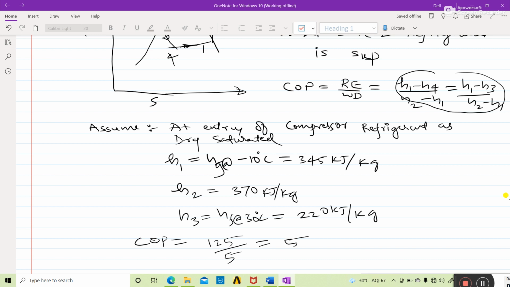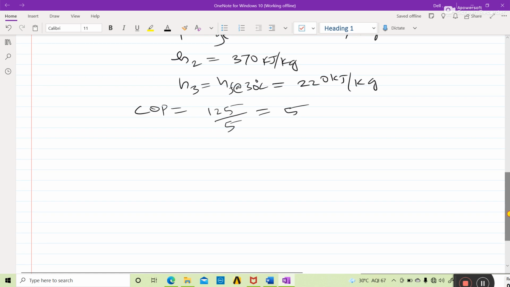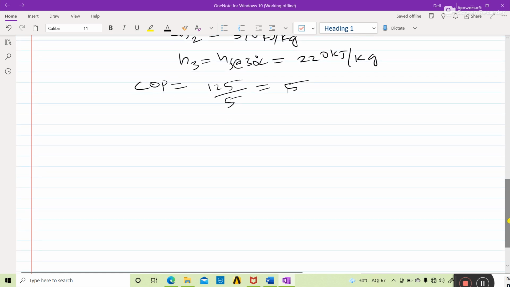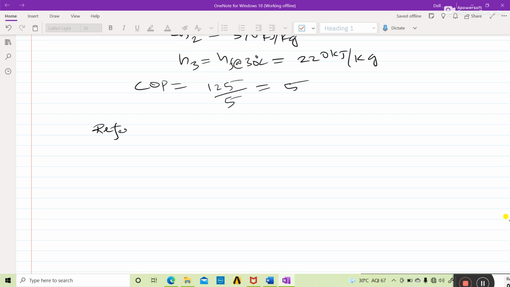Then next we calculate the refrigeration effect. It is the amount of heat absorbed during evaporation, H1 minus H4. You will get it as 125.